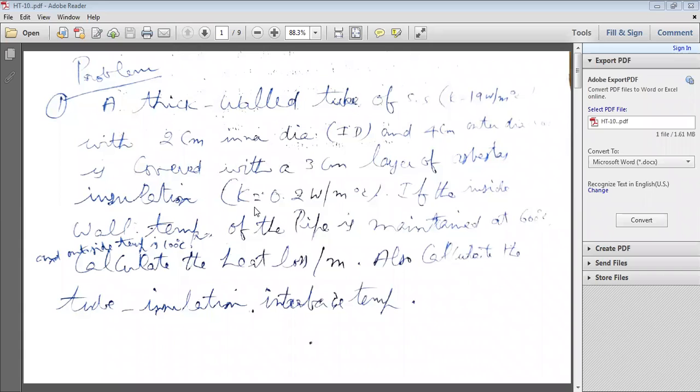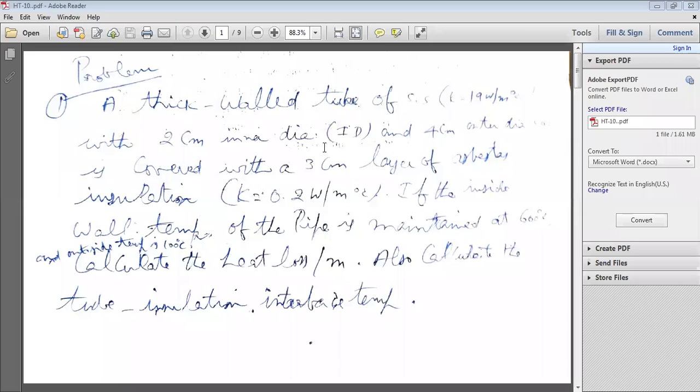The stainless steel tube is the first material. Outside the stainless steel, there is an insulating material, asbestos, of thermal conductivity K equal to 0.2 watt per meter Kelvin. If the inside wall temperature of the pipe is maintained at 600 degrees centigrade and the outside temperature is 100 degrees centigrade, calculate the heat loss per meter length.